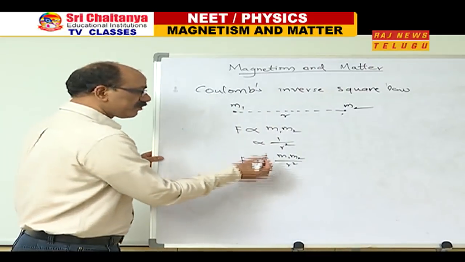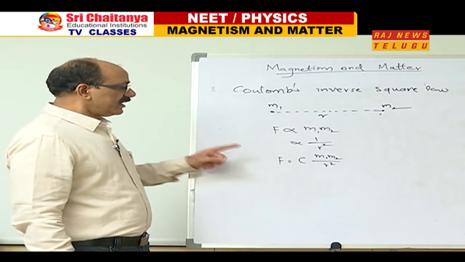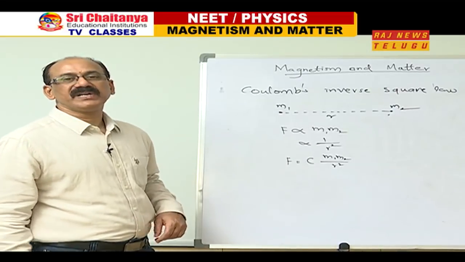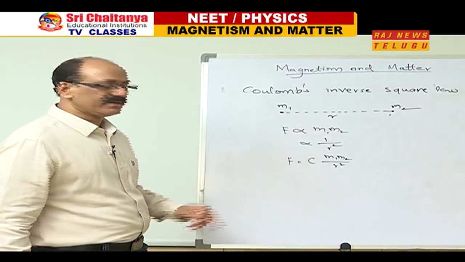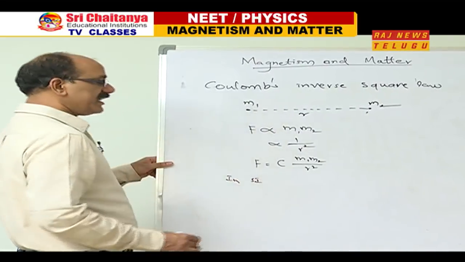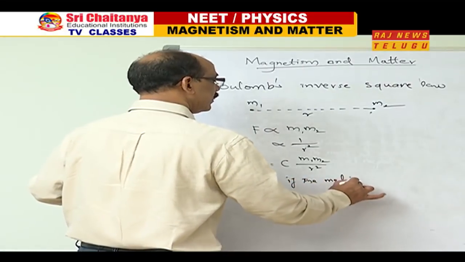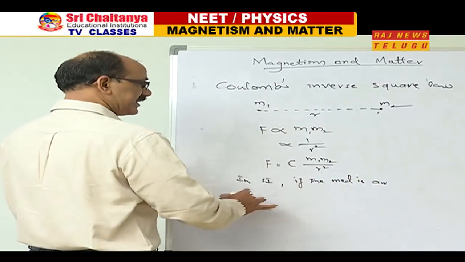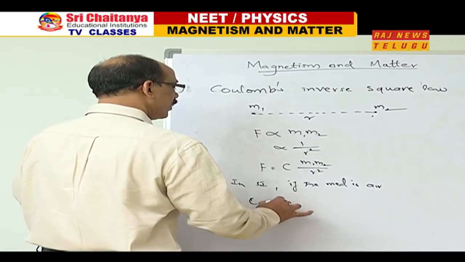This constant of proportionality is found to depend on the medium between the two magnetic poles, and its numerical value depends on the system of measurements. That is, in the SI system, if the medium is air, the constant of proportionality is found to be mu naught by 4 pi.